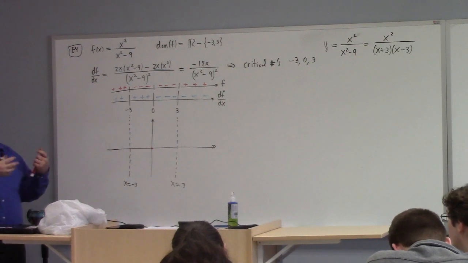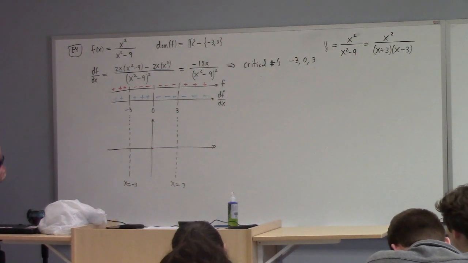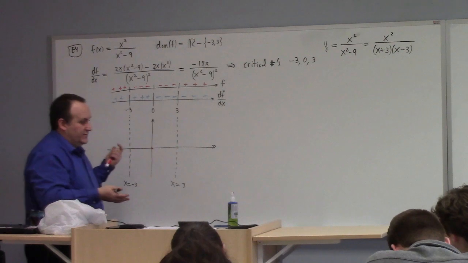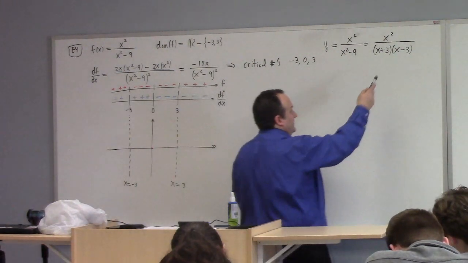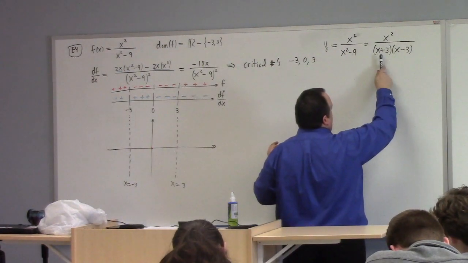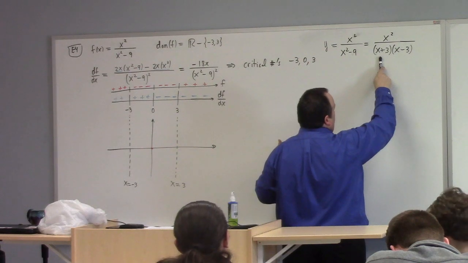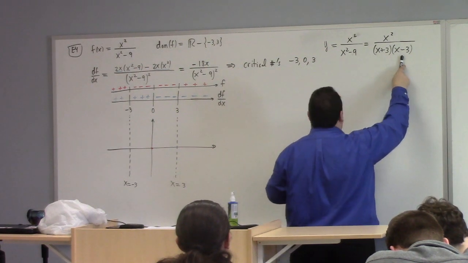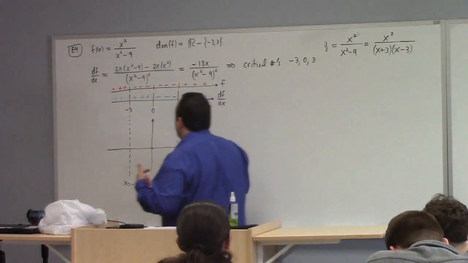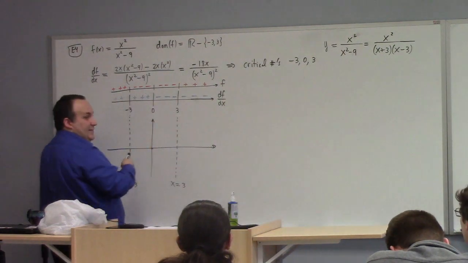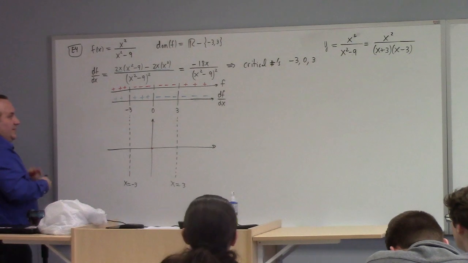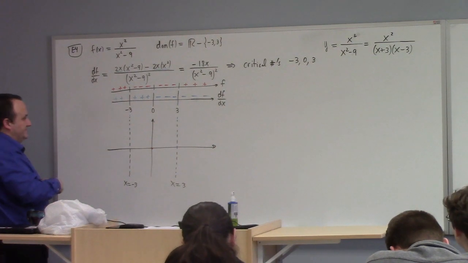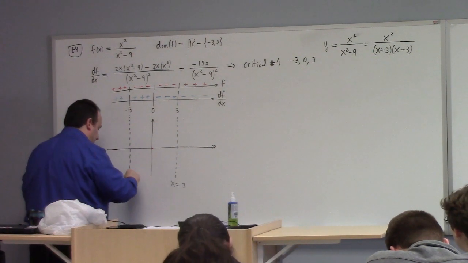So x squared is always positive, or it's 0. It never switches from positive to negative. But the x plus 3 switches from negative to positive as you go across minus 3. And the x minus 3 switches from negative to positive as you go across 3, which is why we get this pattern here. Anyway, getting to the point, the graph looks like this.